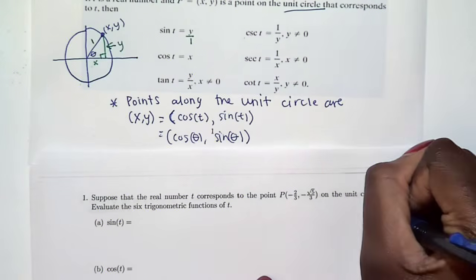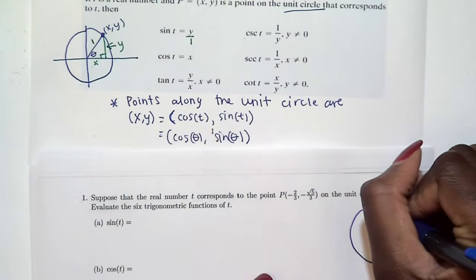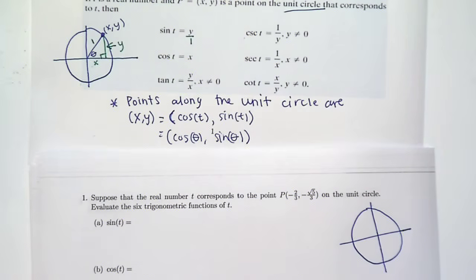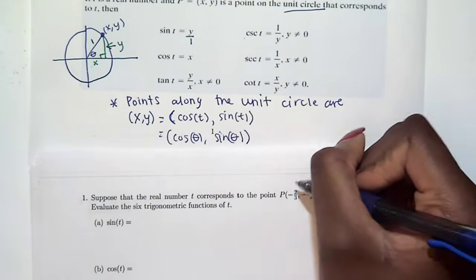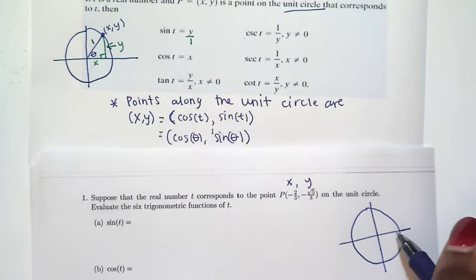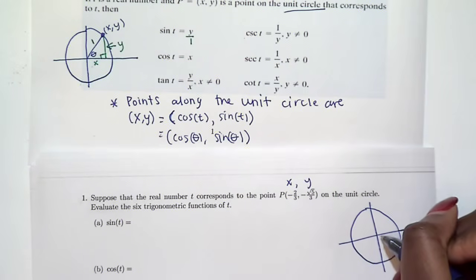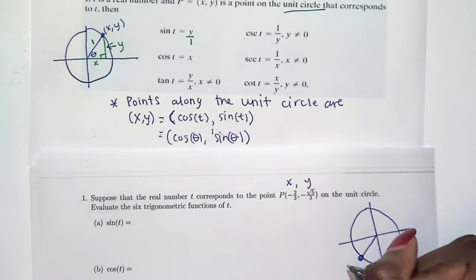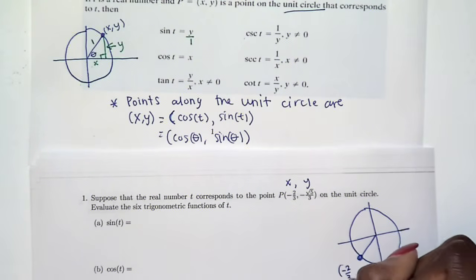So what does that mean? We have our unit circle. This is our x value, this is our y value. We're somewhere where both are negative, so we're over here. This would be the point negative 2/3, negative root 5 over 3.